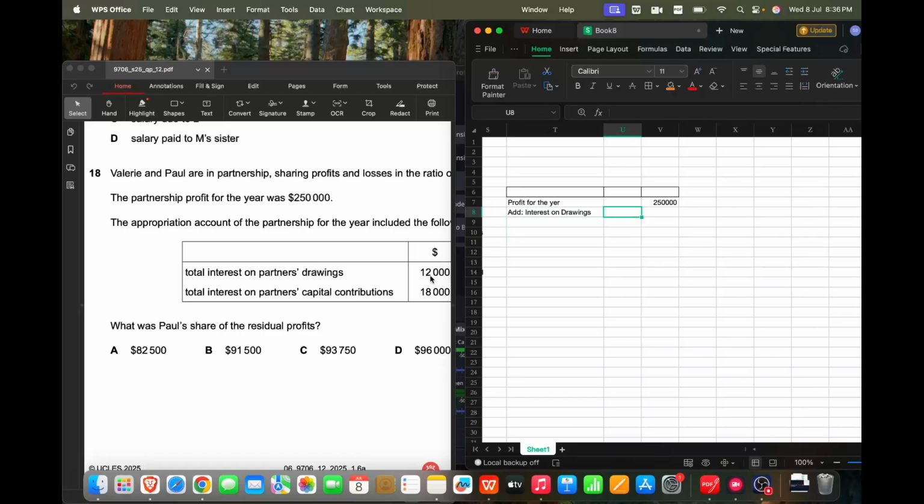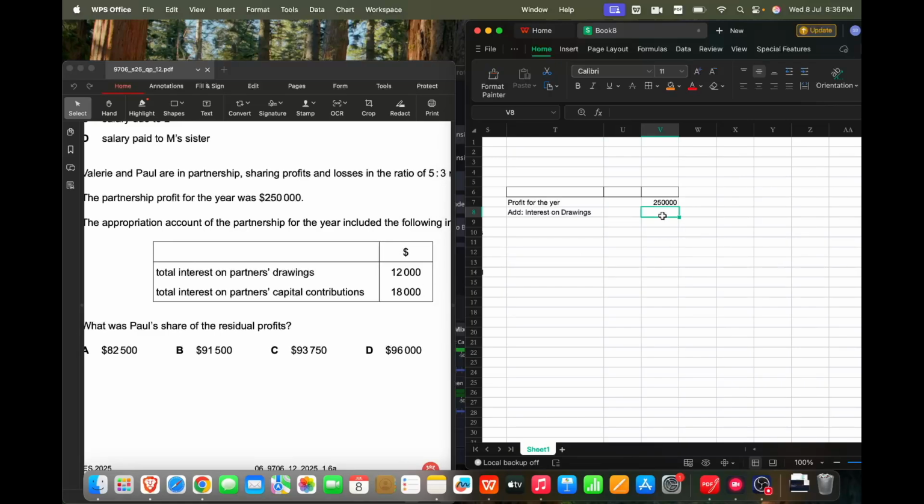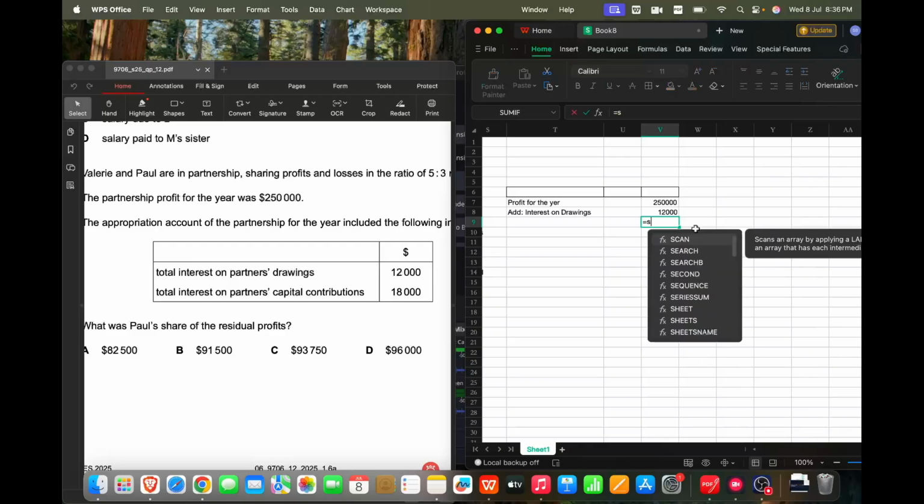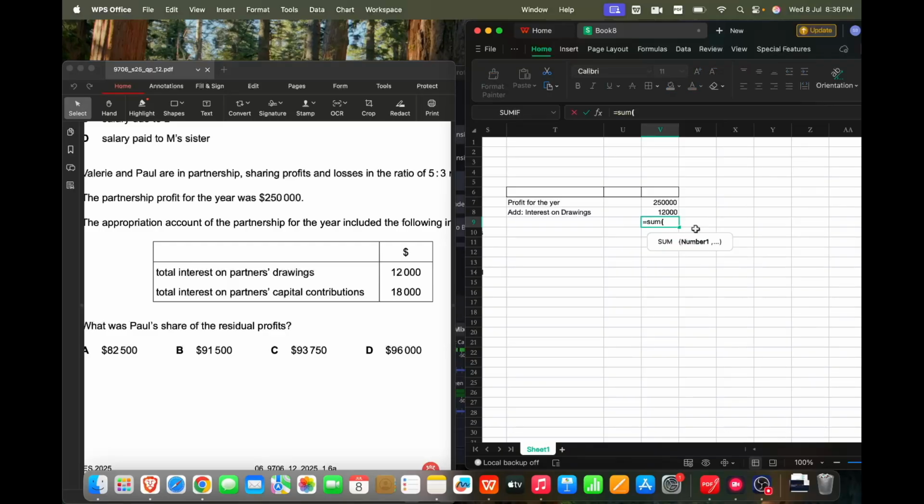Interest on drawings total is 12,000, so we'll add 12,000 here. And now this is the total profit that we have after the adjustment, 262,000. Now this amount will be distributed among the partners.